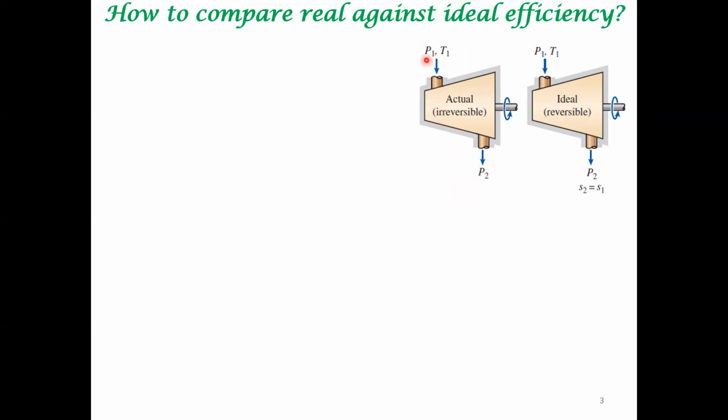Okay, so in this case, the initial state is P1, T1. The final state is characterized by P2. So we want to compare the efficiency of the actual process, which is always irreversible, with the efficiency of an ideal process. Okay, so we would see why isentropic conditions are useful for characterizing the efficiency in some asymptote.